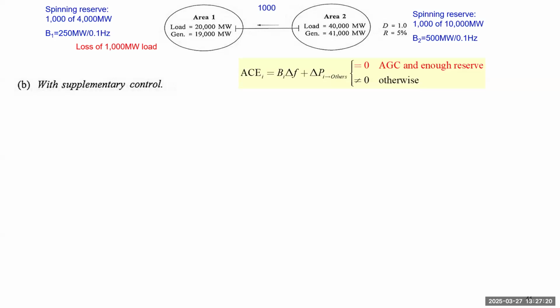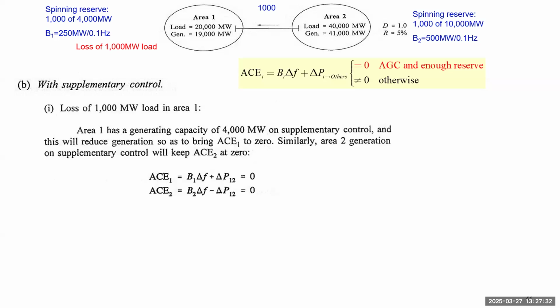So for question 2, we need to add AGC. We keep this formula in mind, so that we can decide whether we can eliminate this ACE value. We still consider loss of 1,000 megawatt load in area 1. Because for the load decrease, it doesn't impact the spinning reserve.